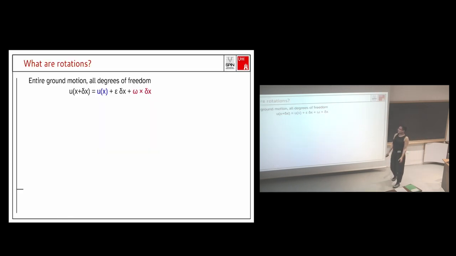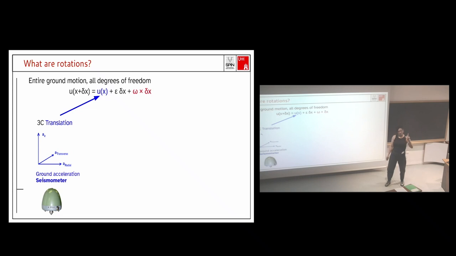So what is this rotation anyway? Most of you will probably have looked into a seismology textbook at some point, and there you will have a description of how to determine or describe the ground motion, and that will typically be something like this. First of all, you have this thing that's usually written as a U, which is your translation motion. So let's say ground acceleration, and that's typically measured with the seismometers that we are familiar with.